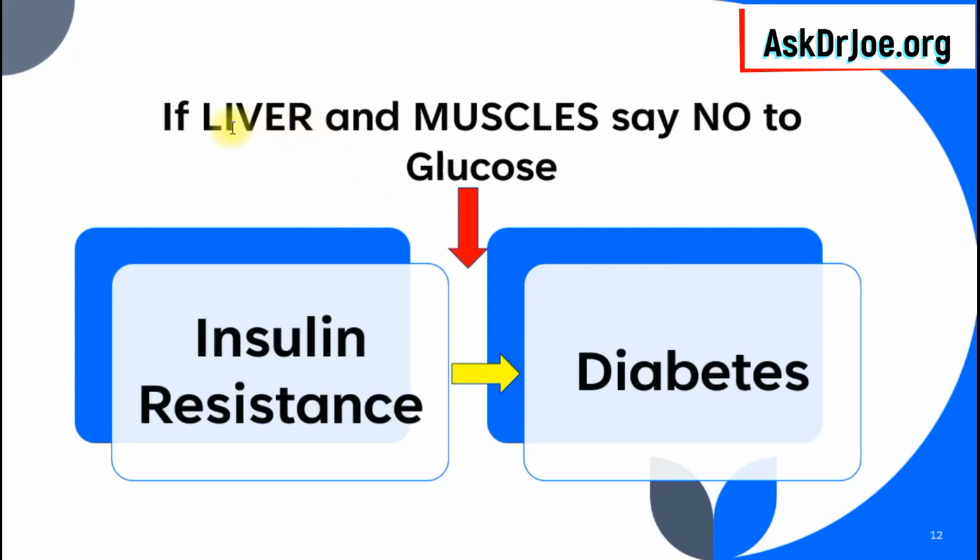Once the liver and the muscles begin to say no to the glucose, that is what we call insulin resistance, because the liver is resistant to the insulin cue to take up the glucose. The muscles initially said no to the glucose. They're not obeying instructions from the insulin. So once you have a combination of liver and muscles saying no, that by definition is insulin resistance, which of course dovetails to diabetes.